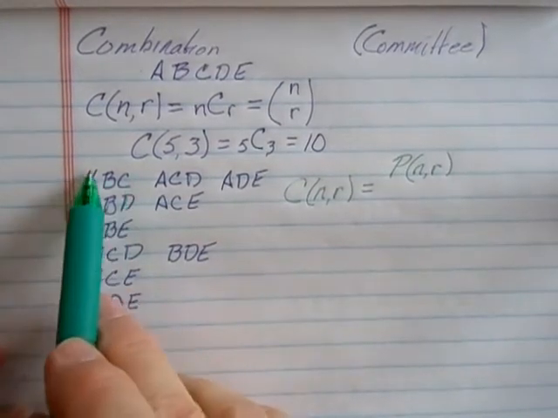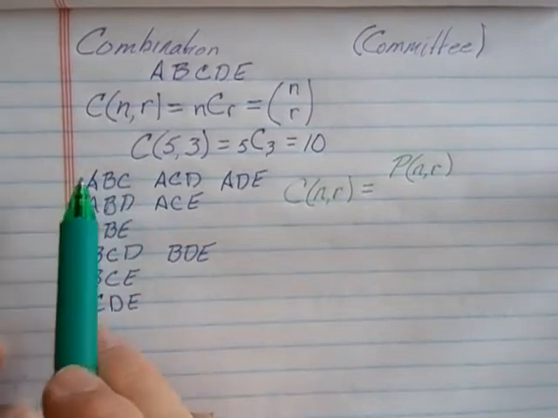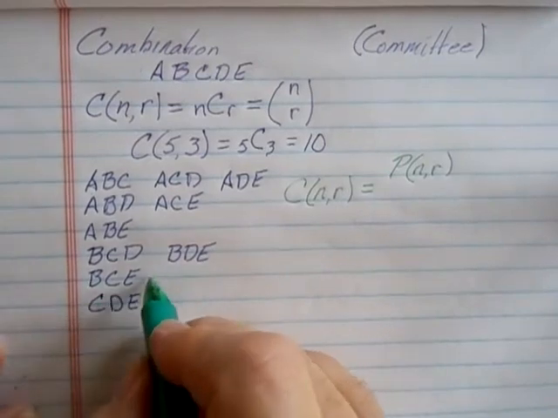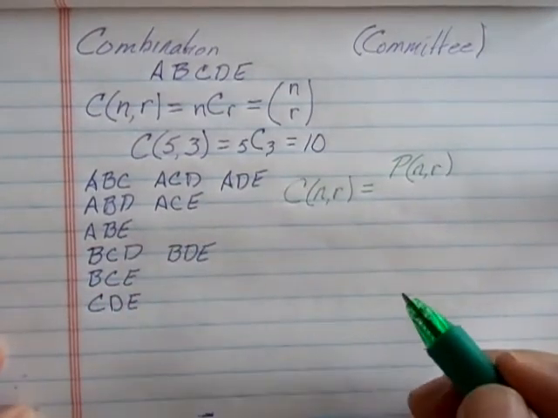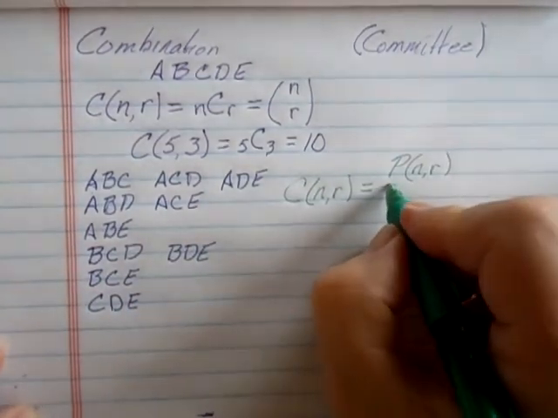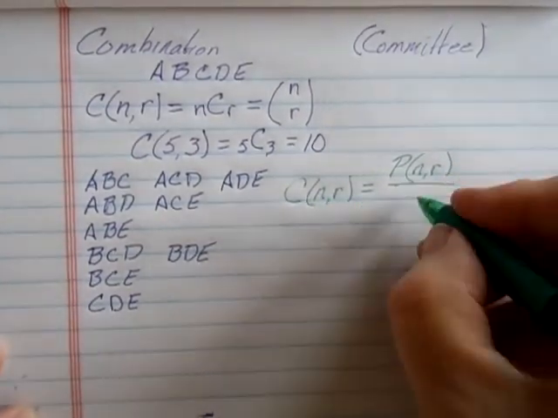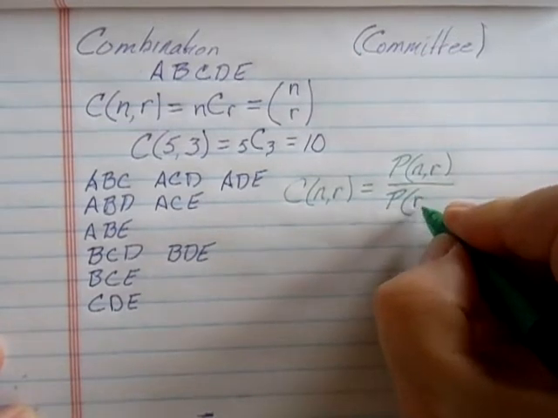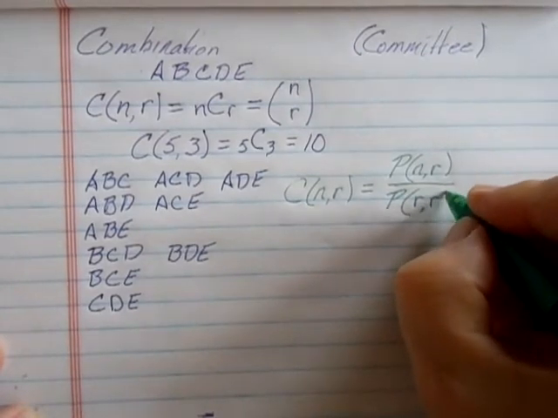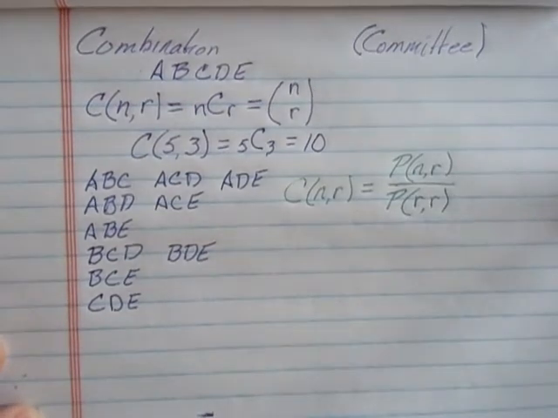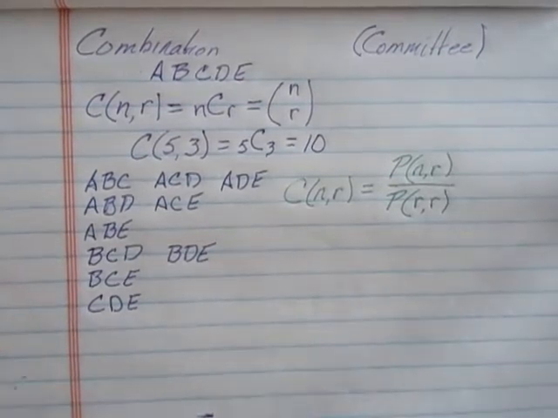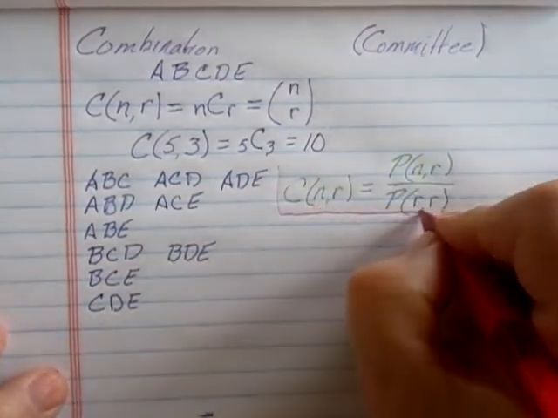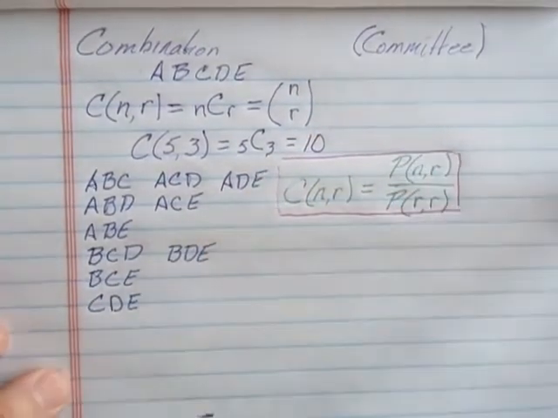Remember over here when we were counting this committee, that committee shows up as a presidency 6 times, and every one of these other committees show up as presidencies 6 times. In the more general case, we want to divide by all the ways that one committee shows up as presidencies, so that we're just counting the committees instead of the presidencies. Okay, that is one way of defining this formula.